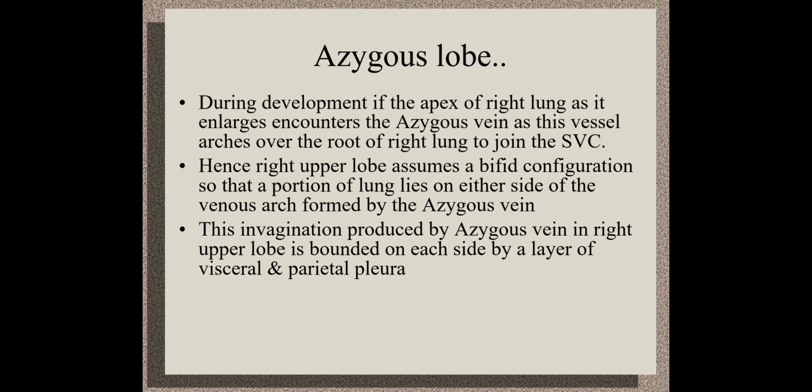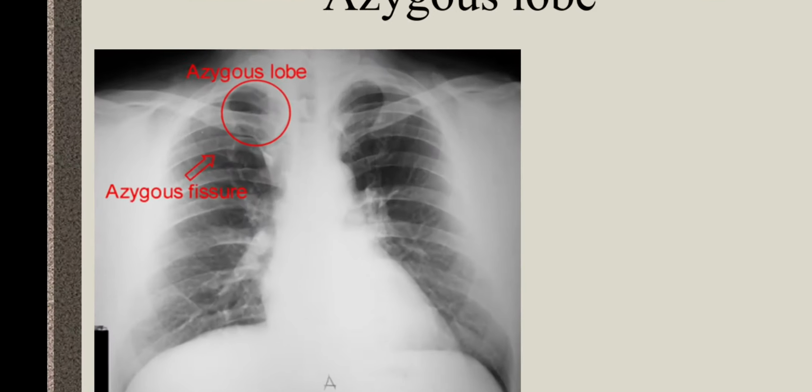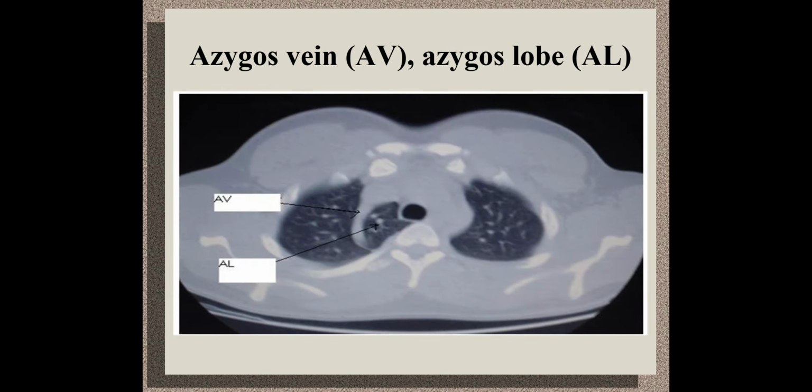It will arch there and cause an azygous lobe. By X-ray, the fissure shows a thin outward convex line ending in a small triangular shadow at its lower end. So this is the azygous lobe, and by CT it looks like this.